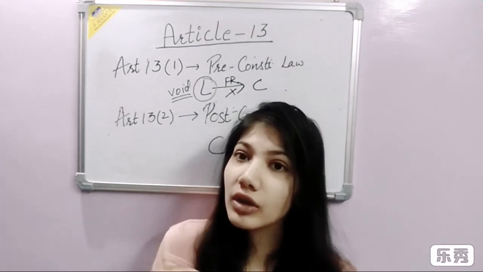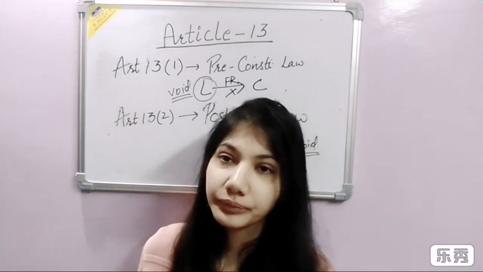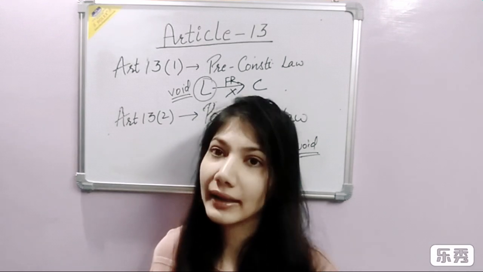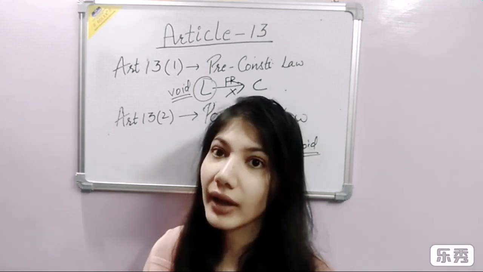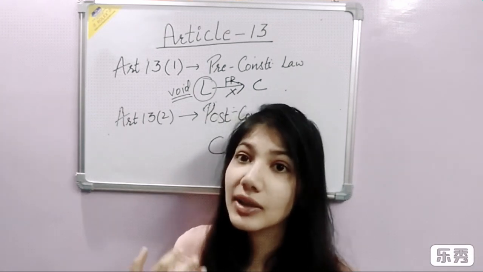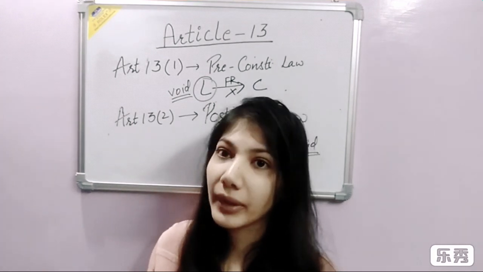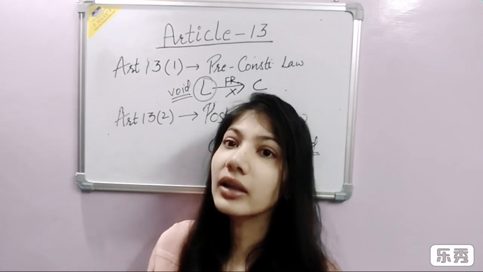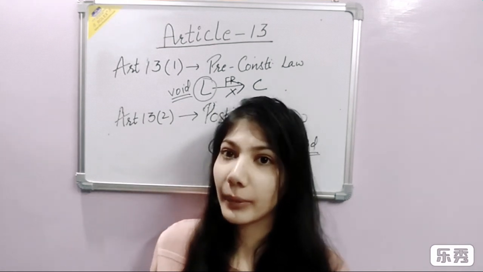Right? So this was held in Keshavan Madhava Menon versus State of Bombay, in which the Supreme Court held that Article 13 Clause 1 has no retrospective effect, and even if a case is pending regarding an act which is in violation of the fundamental rights, it still remains valid.